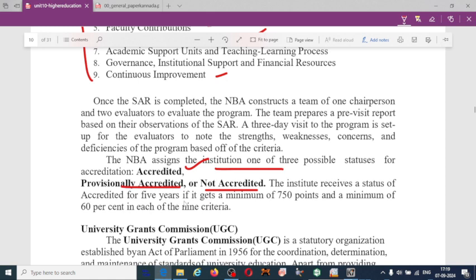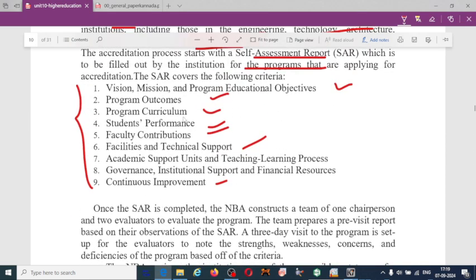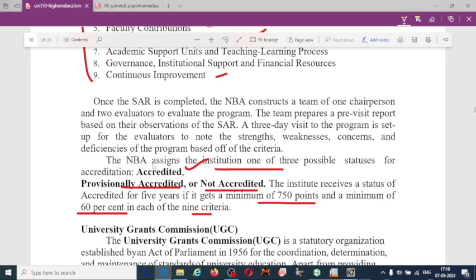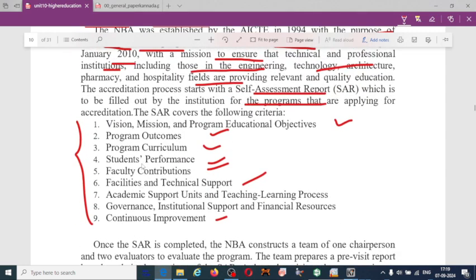Accredited for 5 years if it gets 750 points. It is accredited for 5 years with a minimum of 60% in each of the 9 criteria. 750 points plus 60%, the institutions have to score.